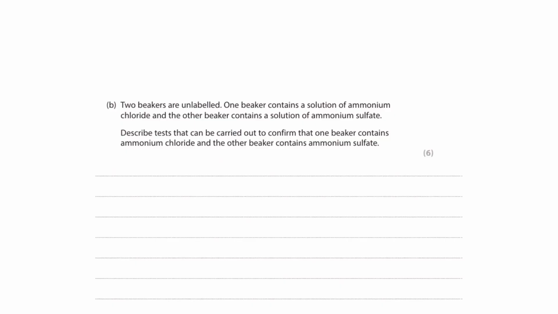Two beakers unlabeled. Describe tests that can be carried out to confirm that one beaker contains ammonium chloride and the other contains ammonium sulfate.